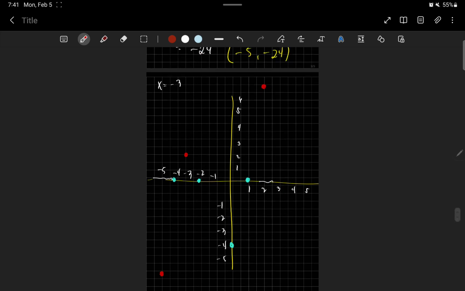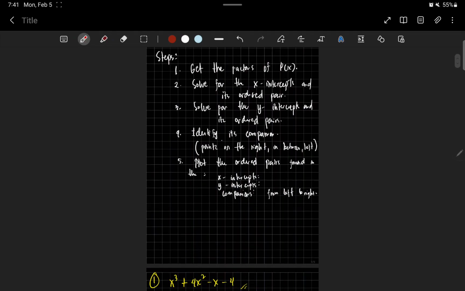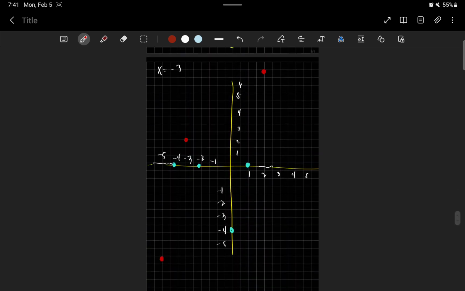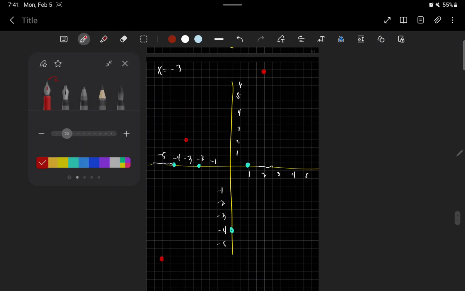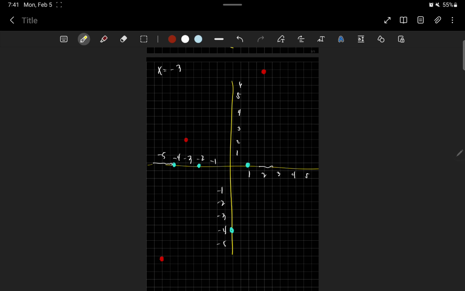Then from that, step 5, what did we say in step 5? Plot the ordered pairs found in the x-intercept, y-intercept, and the companions from left to right. So here we graph, from left to right, our plotting. Diba maganda kulay? So I think, sige, ito na lang. From left to right, just connect the dots. Connect all the dots.